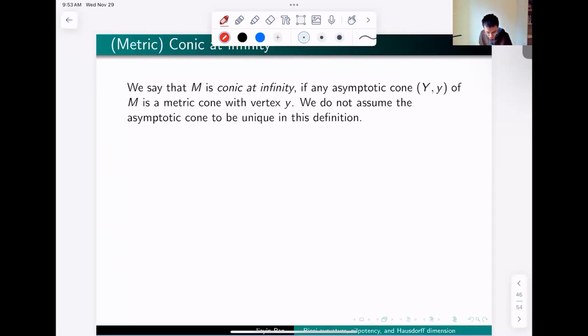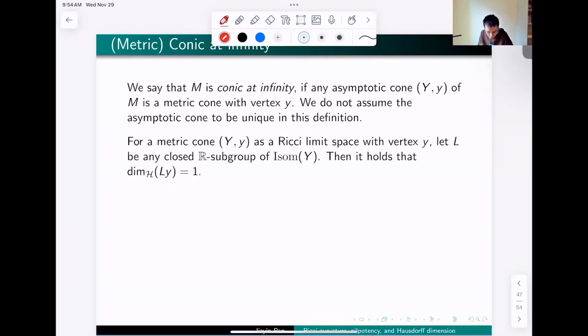Now, as a consequence, we can apply this to manifolds whose universal coverings are conic at infinity. We say a manifold is conic at infinity if any asymptotic cone is a metric cone with vertex at your base point. And here we do not require the asymptotic cone to be unique. It can be non-unique. It can have different dimensions as well.